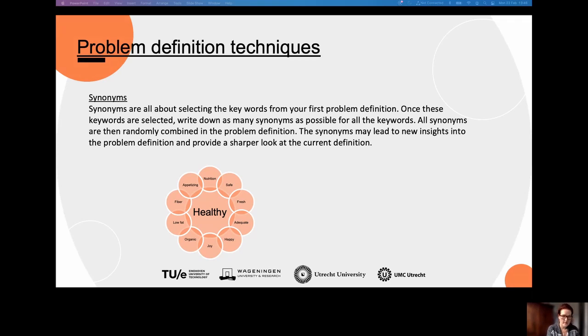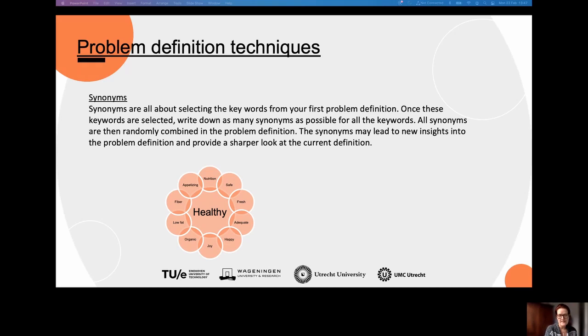I chose the word healthy, and I created all kinds of synonyms for the word healthy. And as you can see, it might be a lot of words, but if you Google healthy on the internet, or you type synonyms healthy in, you can see that there are a lot of different ways you can look at the word healthy.